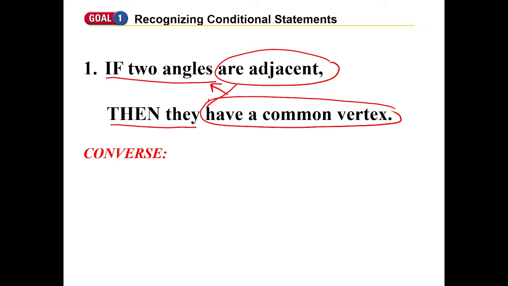Go on, give me the answer now. The two angles remain, the then they remains. What we exchange are 'are adjacent' and 'have a common vertex'. So what's your answer now?